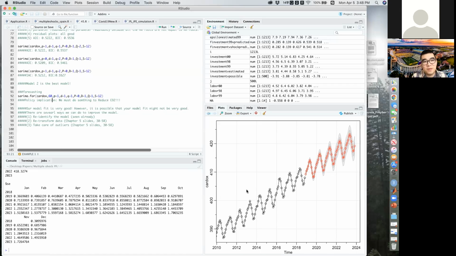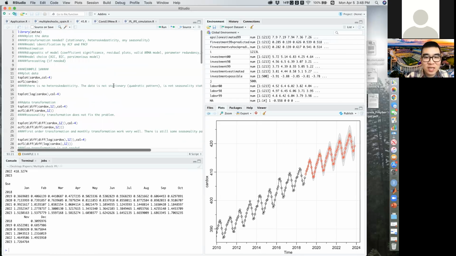Okay, so that might be a policy implication if you do this forecasting and you can tell other people. Which I think is very interesting. Okay, yeah. So this example I think is a pretty comprehensive analysis of a time series, a seasonal ARIMA model built up. So any questions here?